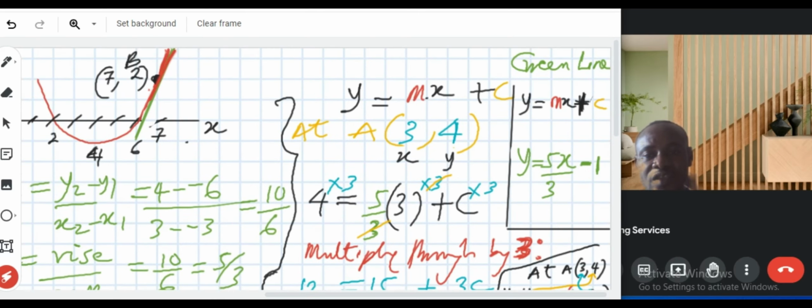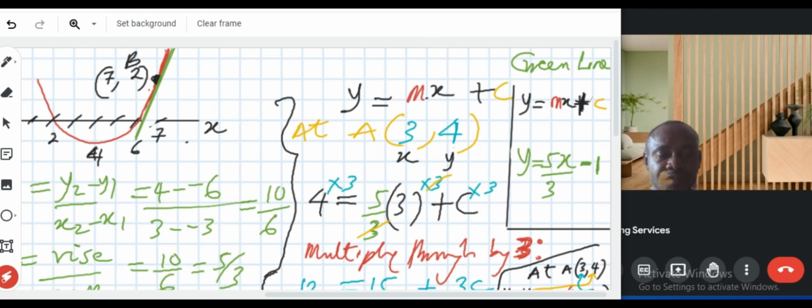So the same thing here: find the gradient first, then pick up that point, use it to find the intercept, and substitute the gradient and the intercept into the equation of the straight line. An example will introduce it.